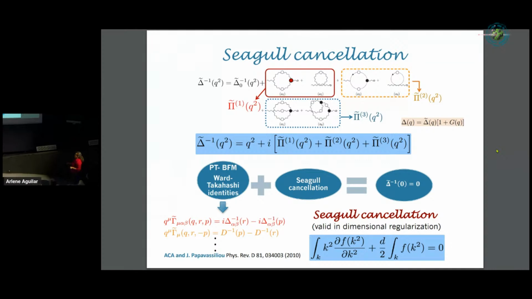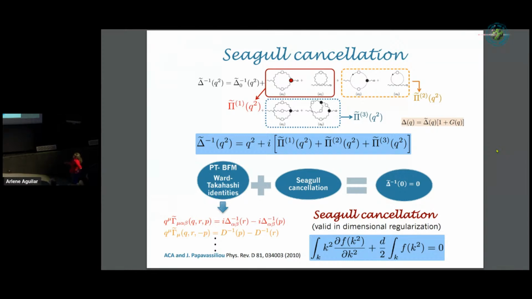Okay? And this combination also happens in QED. And it is exactly what protects the photon from being massive. It is this cancellation that protects us from breaking the gauge invariance in QED.